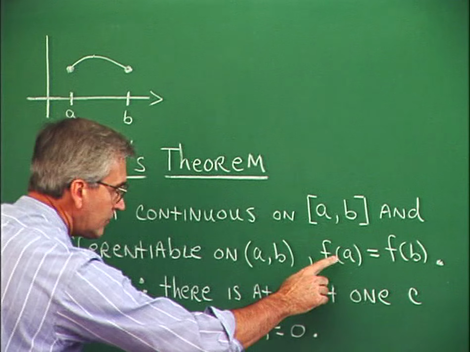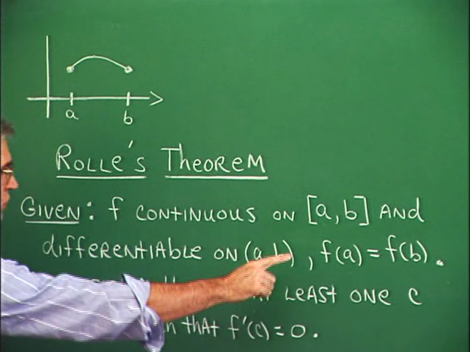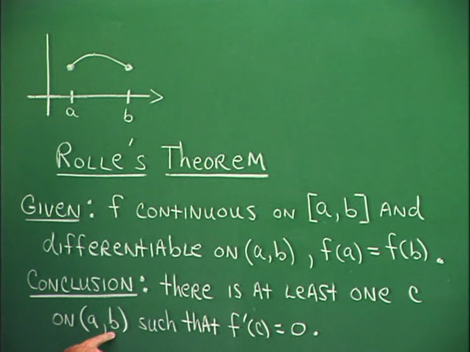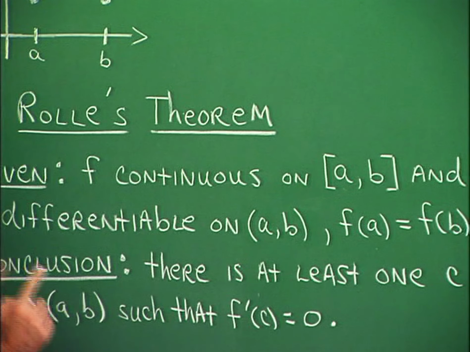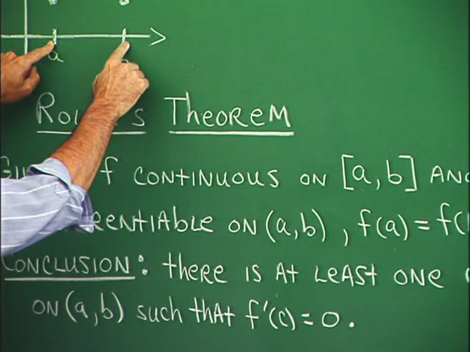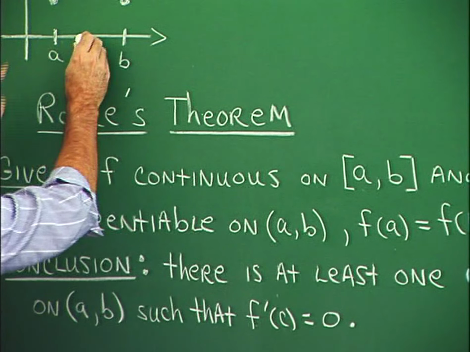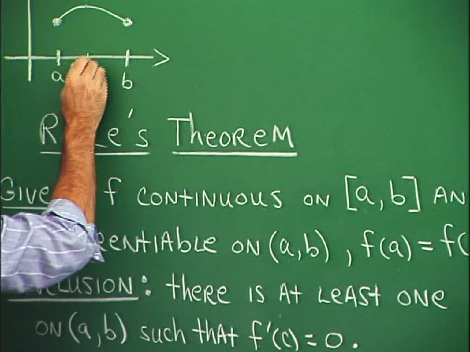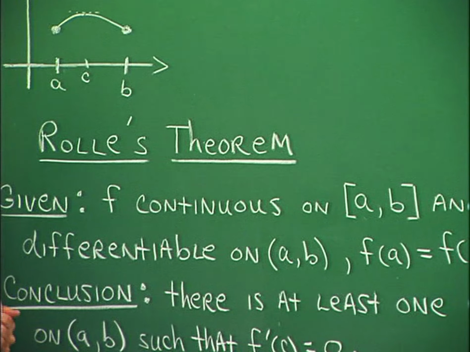But under these conditions, we can conclude that there is at least one c definitely between a and b such that f prime of c is 0, because the slope of that tangent line is 0.